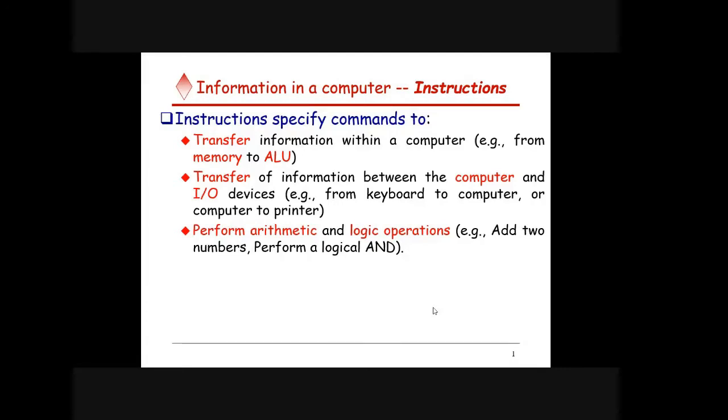Whatever it is, that is data transfer within the computer. The second one is from the input device to the computer, like whatever I am typing on the keyboard, or giving through voice command, or through the mouse. So from the external world, it is giving input to the computing system. That is the second type of data transfer.